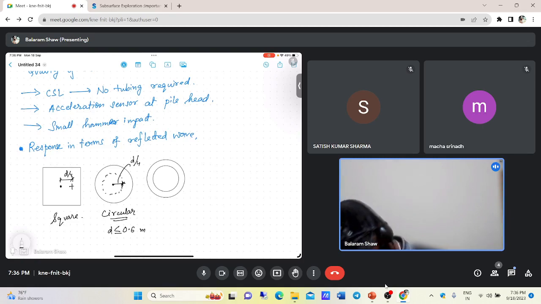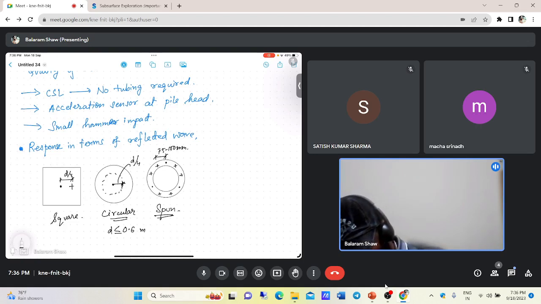If d is greater than that, that will come later. For spun piles, with the acceleration sensors placed like this, the hammer impact should be at a distance of around 75 to 100 millimeter from the acceleration sensor.